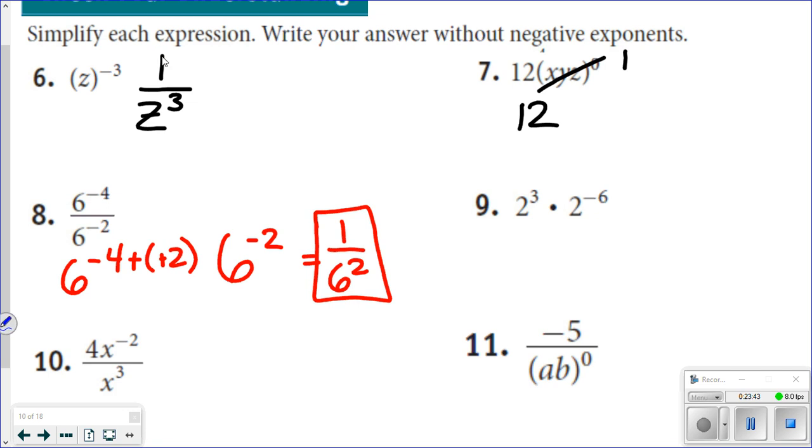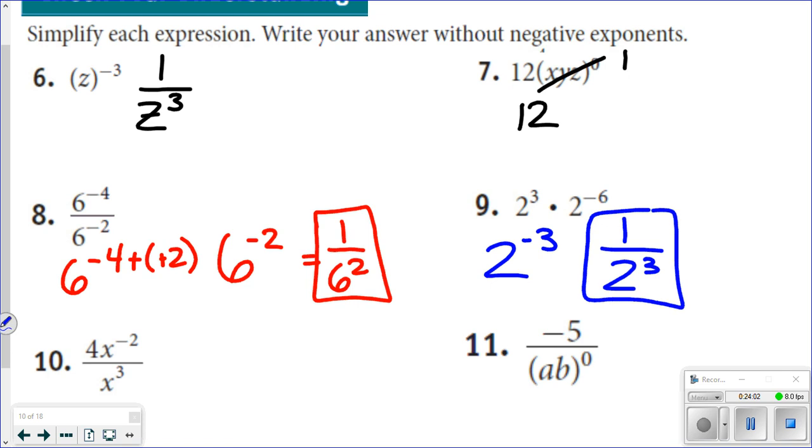When we're multiplying for number 9, keep the base, so that's 2, and add the exponent. 3 plus negative 6, so 3 minus 6 is negative 3. Nope, but I gotta turn it into a fraction and make it positive.